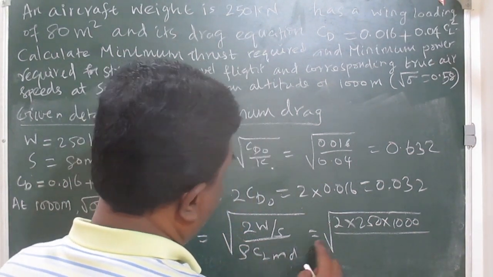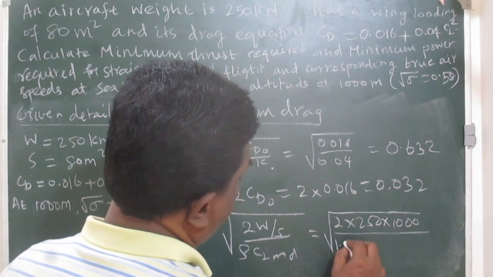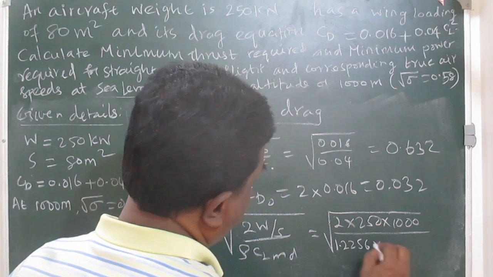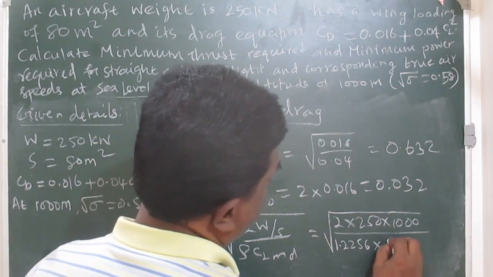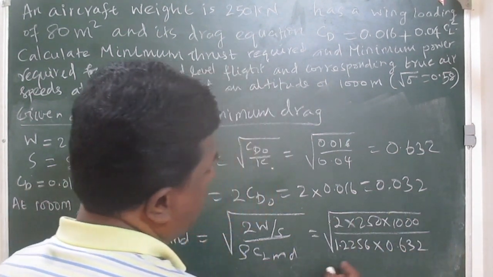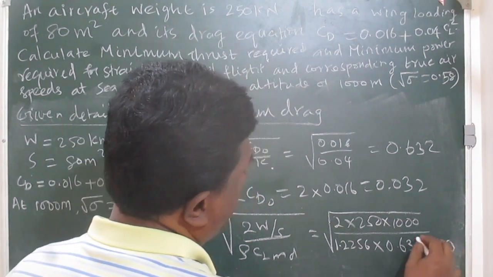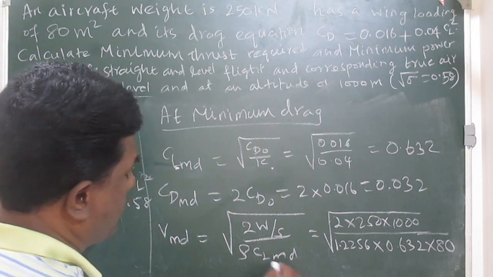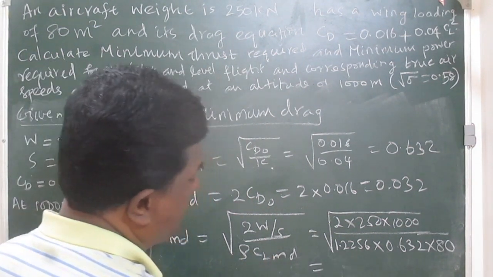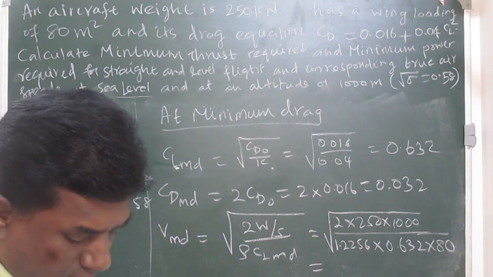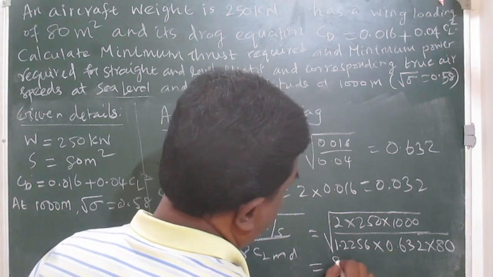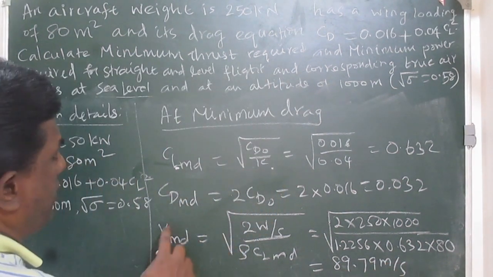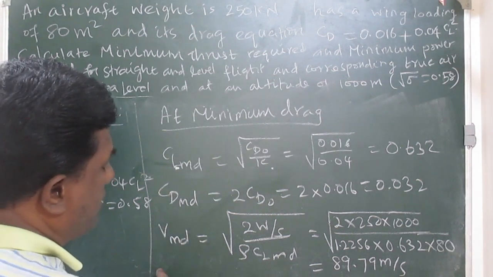The density rho is 1.2256, the standard sea level value, into CL minimum drag 0.632, into 80, because 80 is the wing area. After substituting, this value is around 89.79 meter per second. So we got the values at minimum drag.